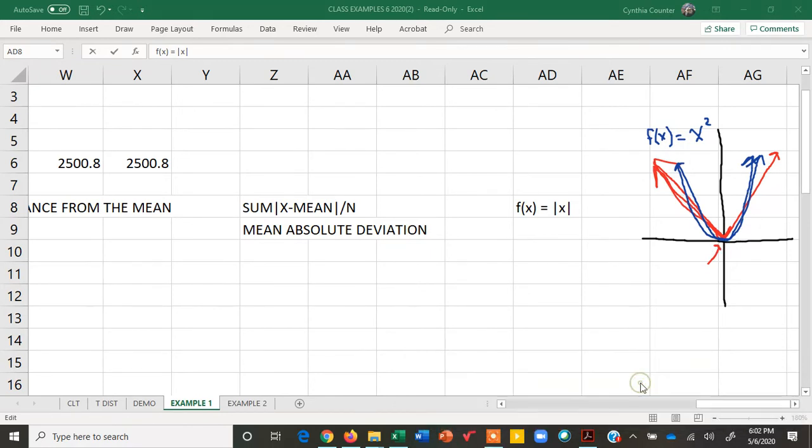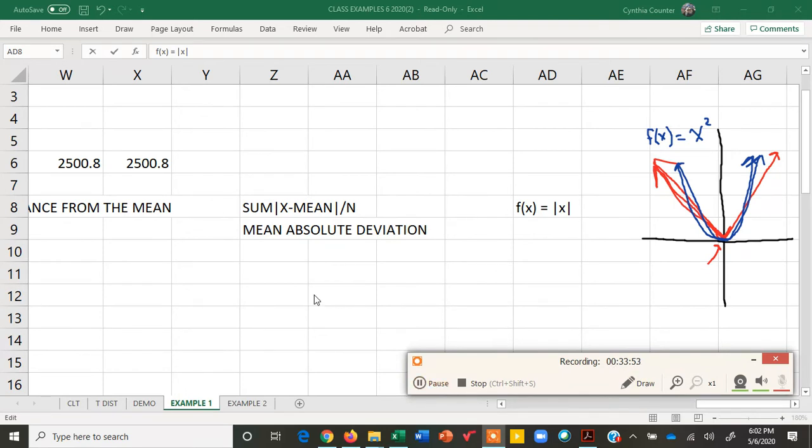That means instead of absolute values and getting a mean absolute deviation, what we find are squared differences. What we're going to do then is find the sum of x minus the mean, quantity squared. We're going to find the sum of these squared differences.